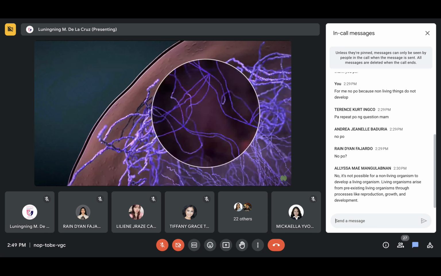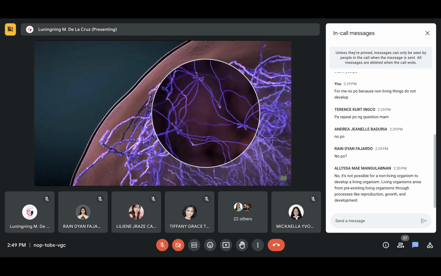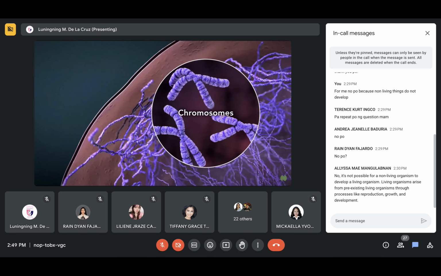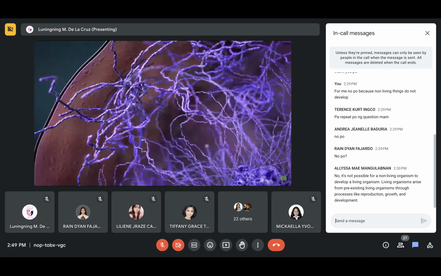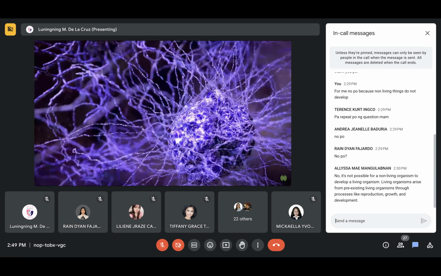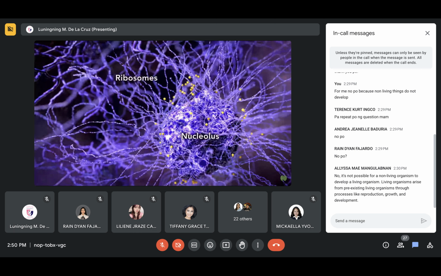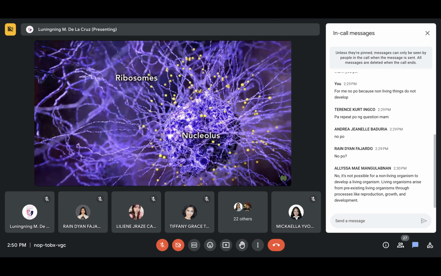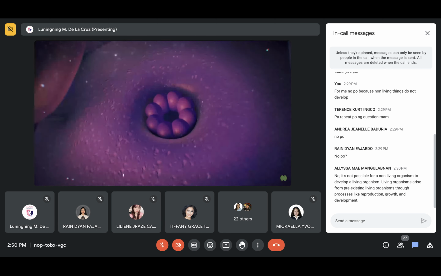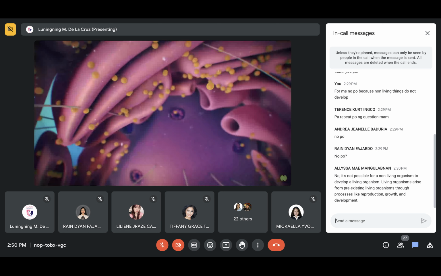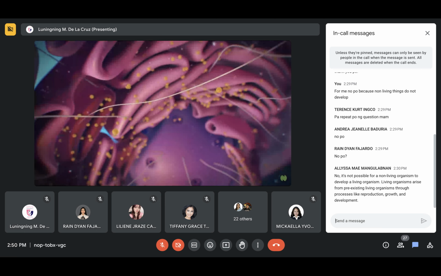When a cell is ready to divide, DNA condenses into structures known as chromosomes. The nucleus also contains a nucleolus, which is a structure where ribosomes are made. After ribosomes leave the nucleus, they will have the important job of synthesizing or making proteins.